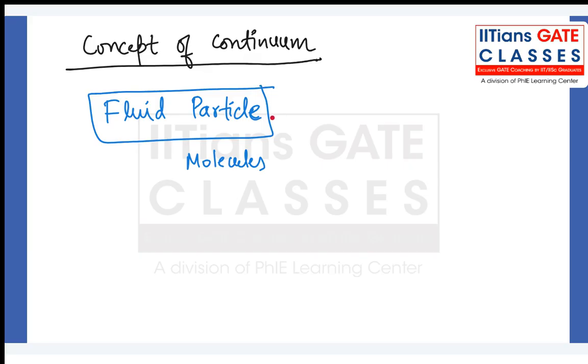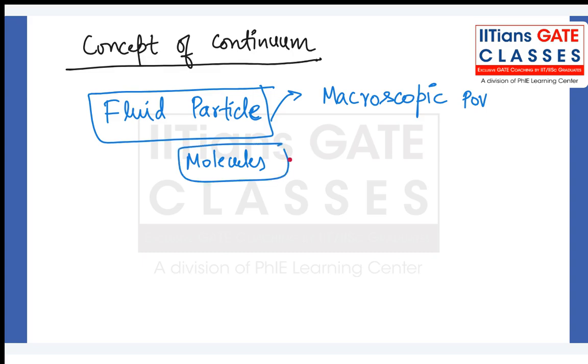It is comprised of many molecules, but it is the smallest size of the system which we can assume in our studies, where we can have some average values of all the quantities. This is your macroscopic point of view. But if you go molecule by molecule, this will become your microscopic point of view.